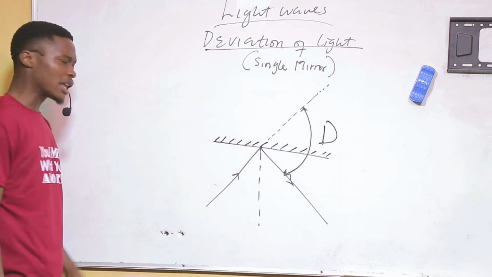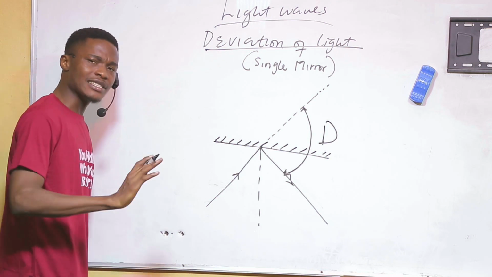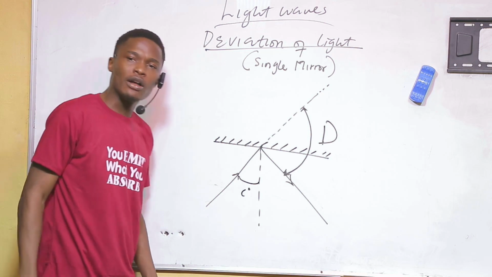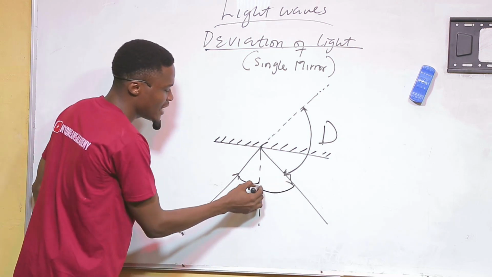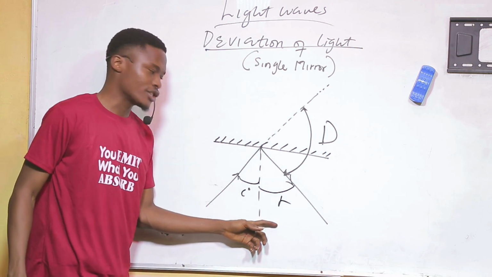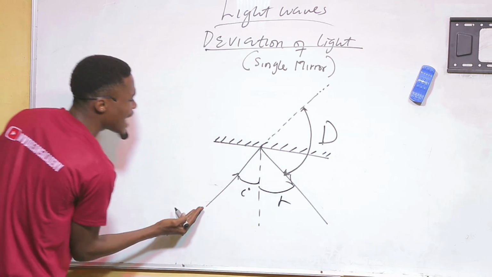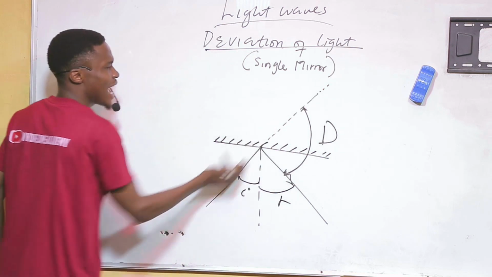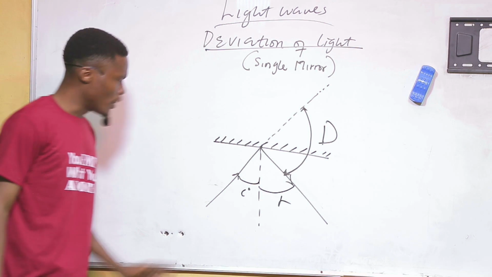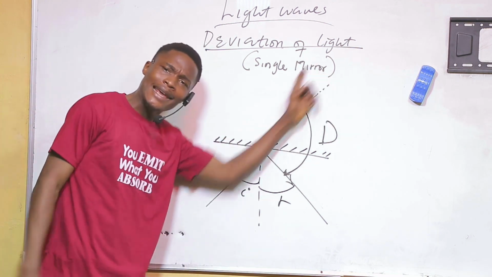Now remember from what we talked about before, angle of incidence, angle of reflection. This side is represented by I, angle of incidence. Again, this place is represented by R, angle of reflection. Now, look at this line, it is a straight line. It might not look straight to you, but I am trying to draw a straight line here.